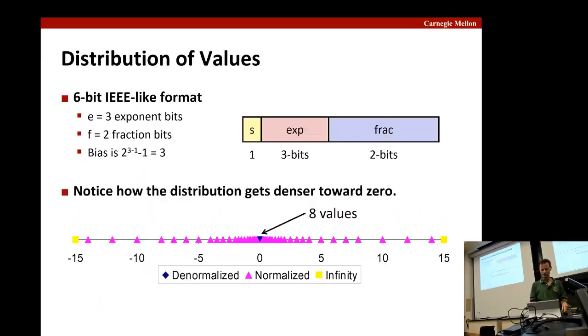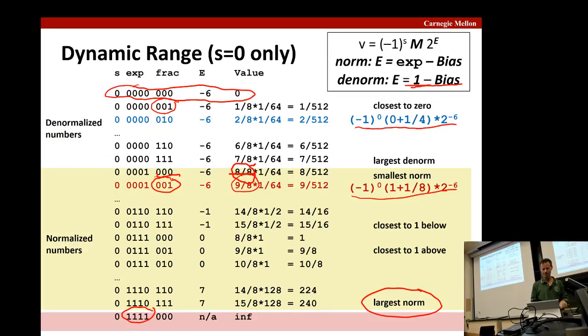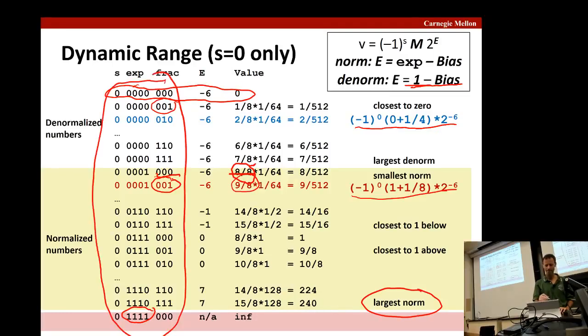And you can look at that if you go back to this thing here, right? The numbers were listed from smallest to largest. And if you just look at the actual bit patterns, ignoring everything else, you can see that they do increase, okay?